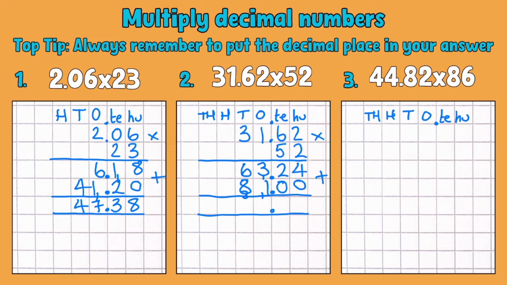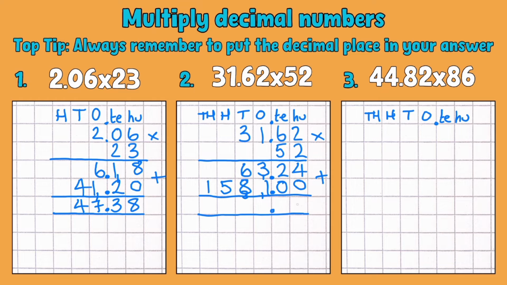And then 3 times 5 is 15. I've got nothing else to multiply by, so I can just write that straight in there. Okay, so 31.62, 50 times bigger, is 1,581.